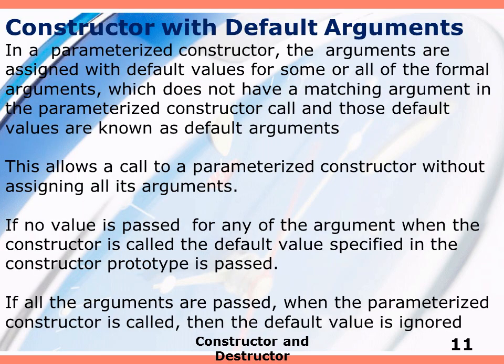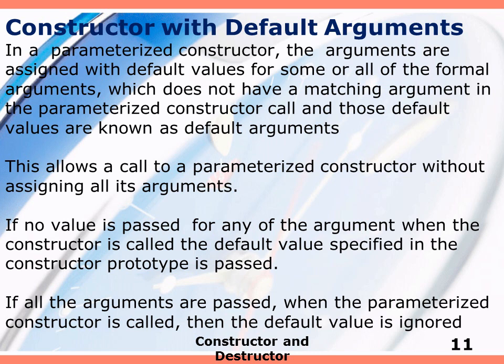Let us talk about constructors with default arguments. Now the basic concept over here is, if the user does not give the required argument, then this constructor would assume a default argument and go ahead with the operation of the constructor.